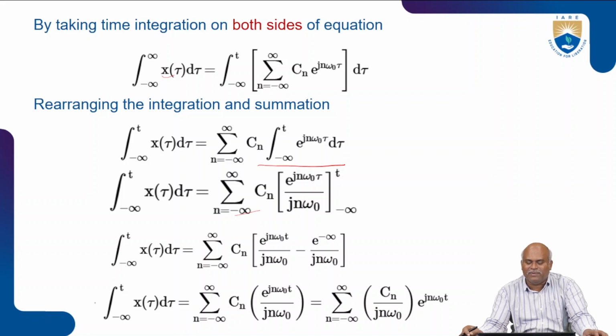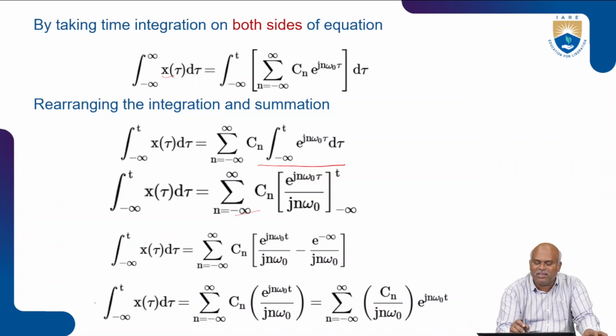So integrating this portion gives e power j n omega 0 tau divided by j n omega 0, evaluated from minus infinity to t. Now we need to substitute the limits minus infinity to t. So the right side is the summation of n equal to minus infinity to plus infinity of C of n, where the upper limit t gives e power j n omega 0 t divided by j n omega 0, minus e power minus infinity divided by j n omega 0.